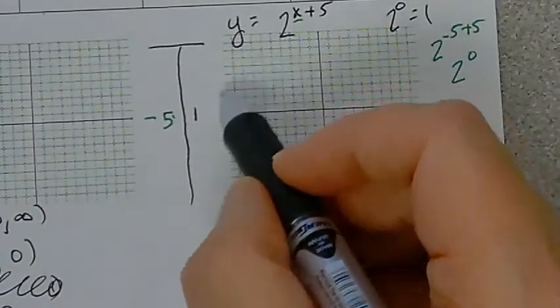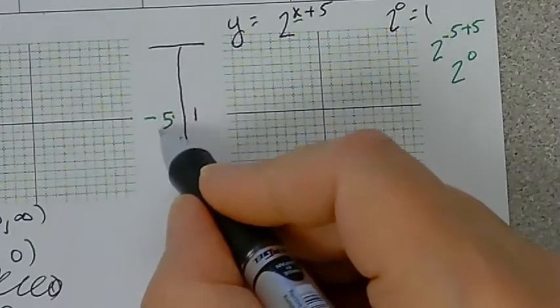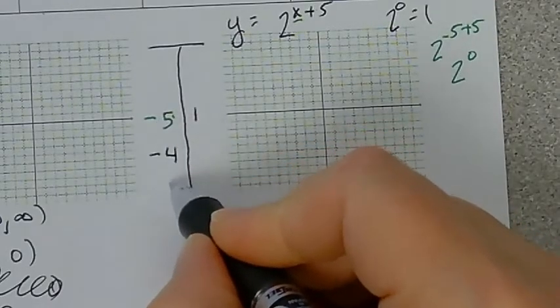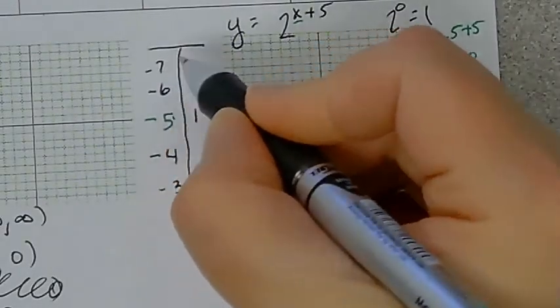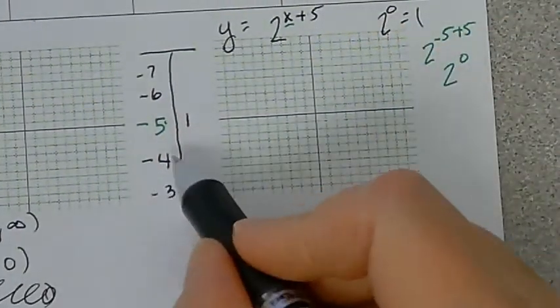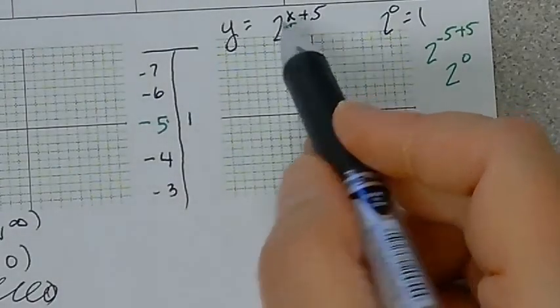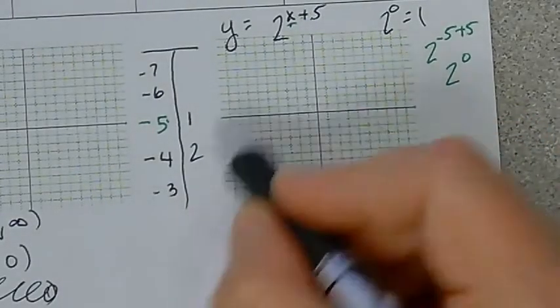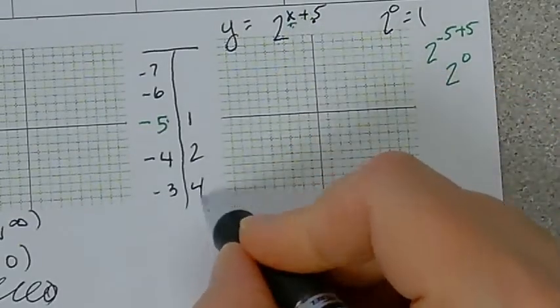So now I want to pick numbers that are close to -5. So I'm going to pick something bigger like -4 and -3, and something smaller like -6 and -7. So I'm going to try -4. -4 plus 5 is 1, and 2 to the 1st is 2. -3 plus 5 is 2, and 2 squared is 4.